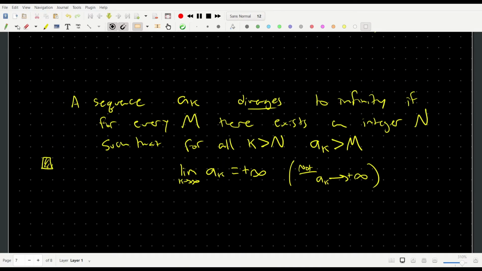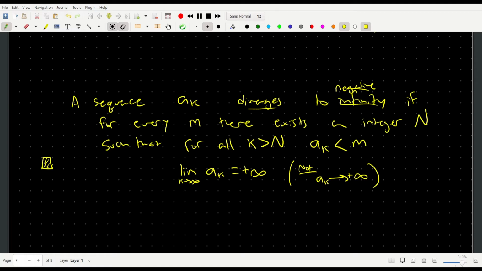The sequence diverges to negative infinity if for every number m, I'll choose lowercase m for a lower bound, there exists an integer N such that for all k greater than N, the sequence a_k is less than lowercase m.